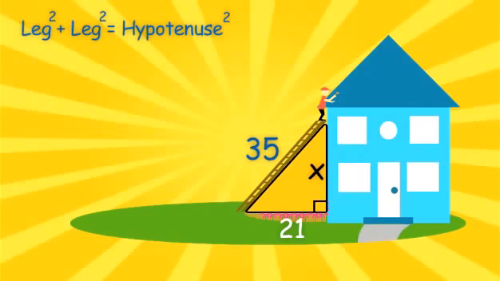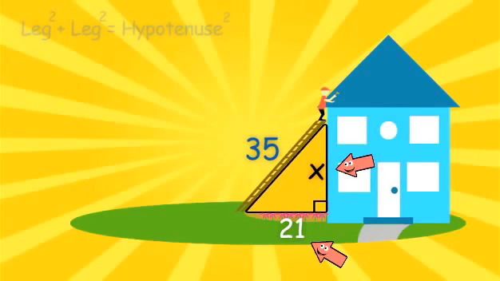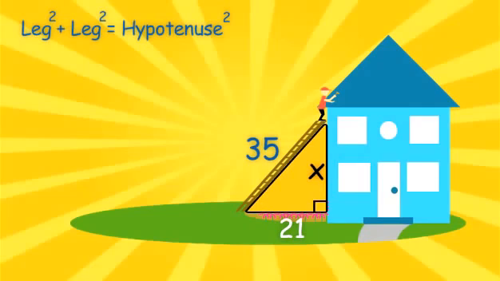Let's start by identifying the sides of the right triangle. We can locate the hypotenuse by looking across the 90-degree angle. In this case, 35 is our hypotenuse. The remaining two sides must be my legs. The Pythagorean equation says that leg squared plus leg squared equals hypotenuse squared. I know that 21 and x are my legs, and that 35 is my hypotenuse.